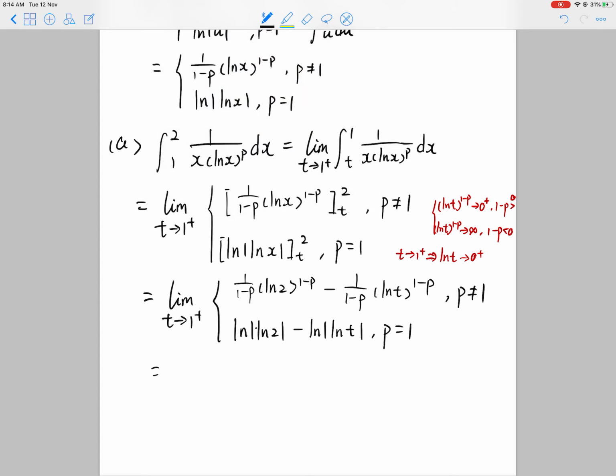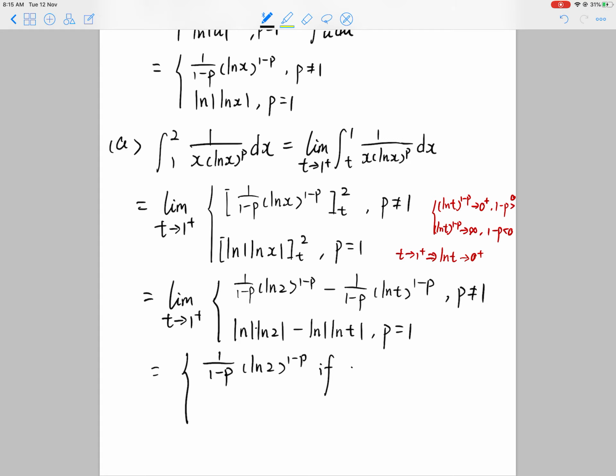Okay, which means the first limit is going to be, this part is going to be 0 if 1 minus p is greater than 0. So if this part is 0, then the only part left is this, if 1 minus p is greater than 0, which means p is smaller than 1.